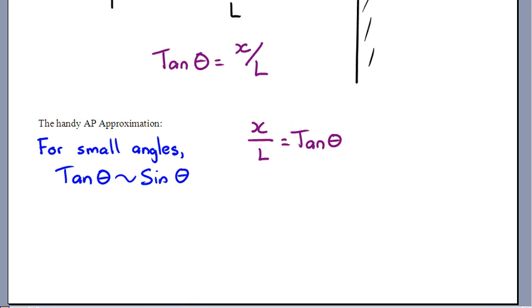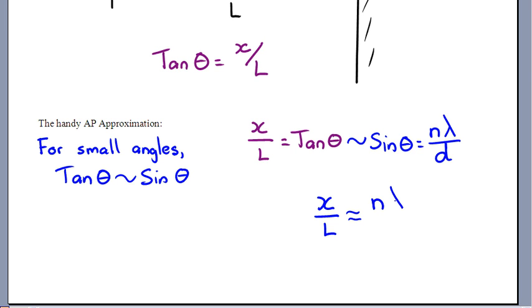Okay, so I could say tan theta is pretty close to the same size as the sine of theta, which is n, the dot number, lambda, the wavelength of light, divided by d, the distance from one opening to the next. And so you can patch those together and say, okay, looks like x on top of L is going to be pretty close to n lambda all over d. That actually suggests that the dots will be pretty much evenly spaced when you look at them. And as long as the angles are less than about 10 degrees, that's actually true.